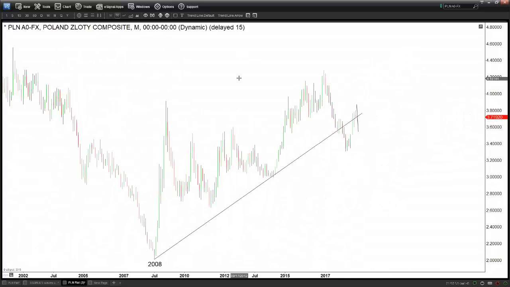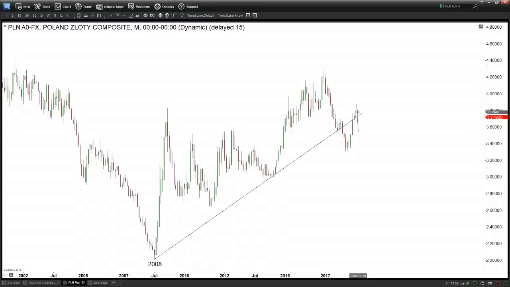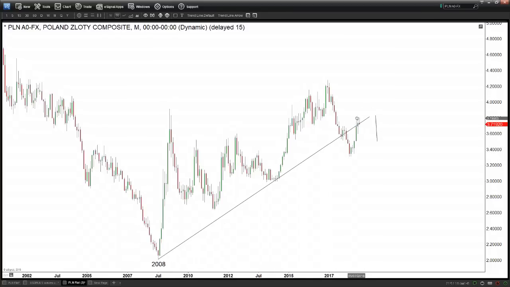Now you notice here that the pair is breaking below this trend line, right? So in other words, it is breaking what looks to be a 10-year channel, 10-year support, and technically the way it is now, it is still trying to retest that same trend line, and it's facing some sort of resistance now and trying to get rejected.